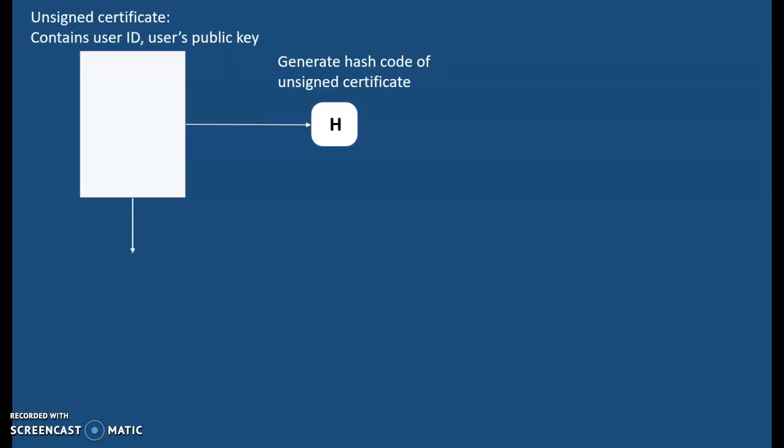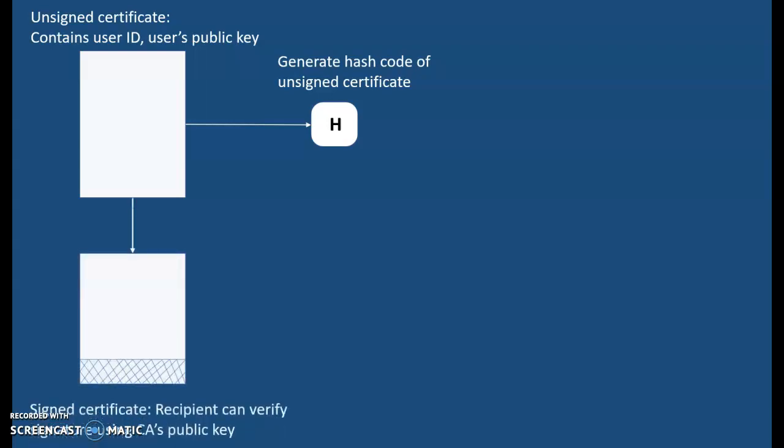Here is the format. First one, the unsigned certificate contains the user ID and a public key, which undergoes hashing by a hash function, generating the hash code. And here, finally, we get the signed certificate.